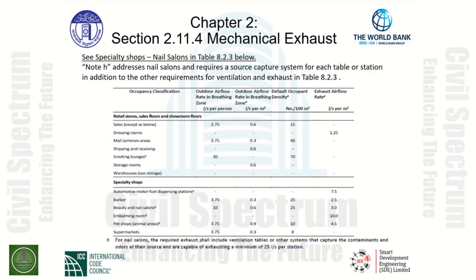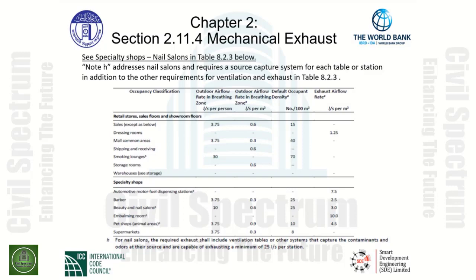The reason for this particular table in our exhaust discussion is that Note H assigns a minimum exhaust airflow rate. As seen at the bottom of the table, Note H indicates the following.